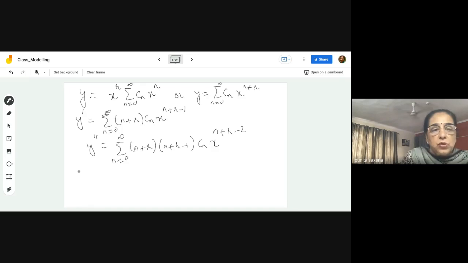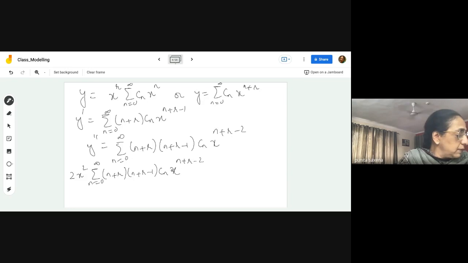So it's going to be 2x squared summation n plus r, n plus r minus 1 cn x to the power n plus r minus 2. Are you doing it simultaneously? Yes, ma'am. Plus 3x y dash, so it's going to be plus 3x summation n plus r cn x to the power n plus r minus 1, n from 0 to infinity.